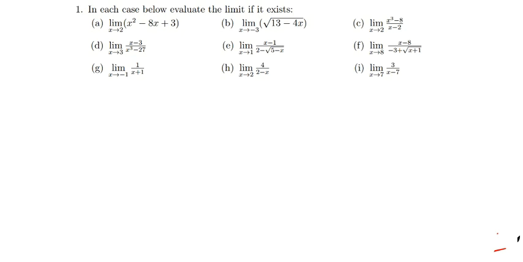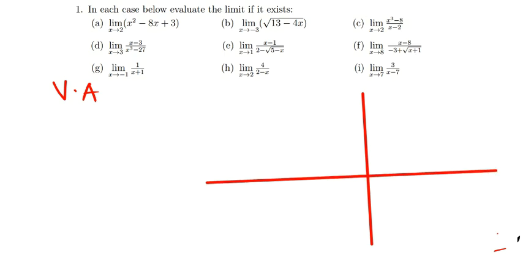So I wanted to just have a few things at your fingertips that are very key when it comes to the sketching of rational functions. The simple rule is the vertical asymptote. You know what vertical implies, right? Up, down.